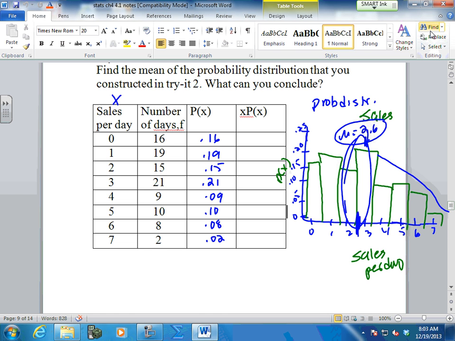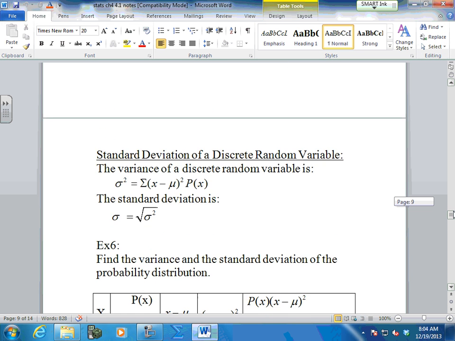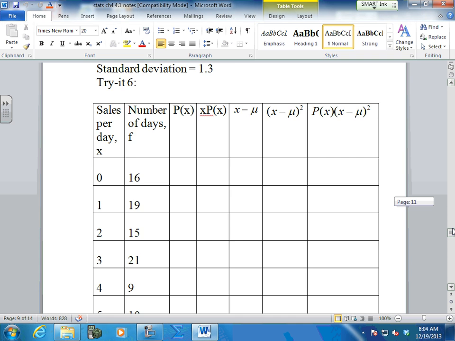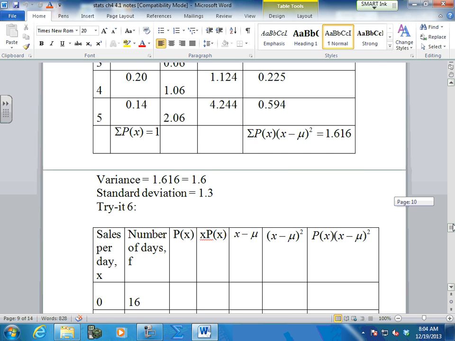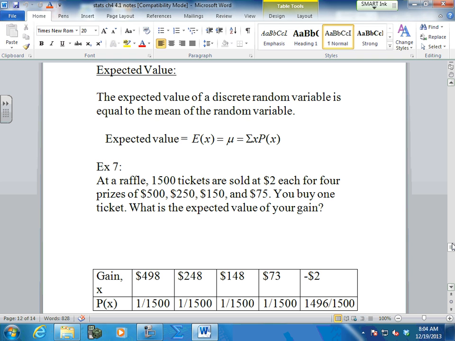All right. And the last thing we have is expected value. Expected value comes into play with your lottery tickets and all of that. We did your standard deviation, so I'm not going to do that. The expected value is, what do you expect to happen over a period of time?